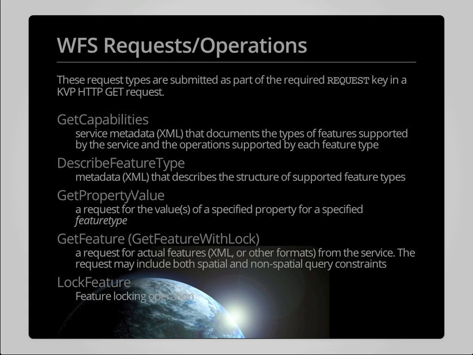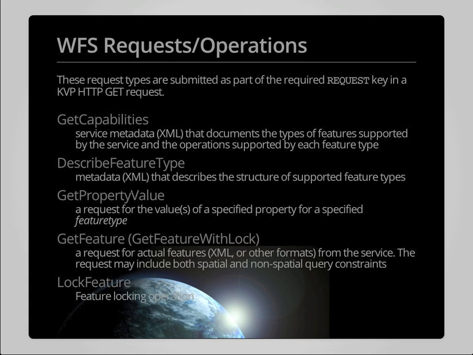First, as with web map services, there is a GetCapabilities request that can be submitted, where this is, just as with web map services, the key request that will return to you the XML metadata that documents the capabilities of the service that you're interacting with.